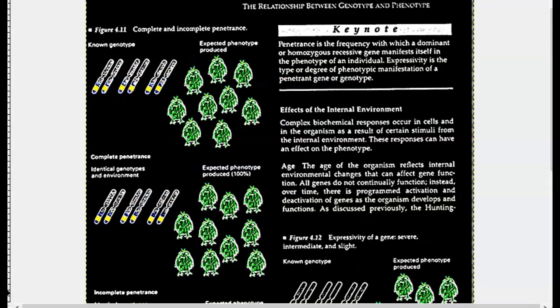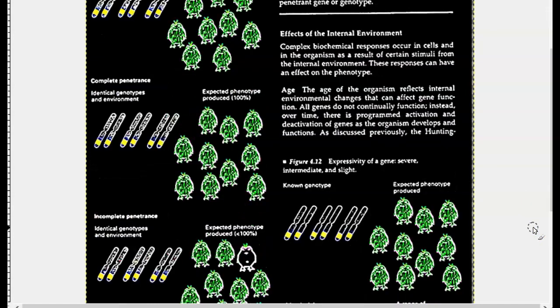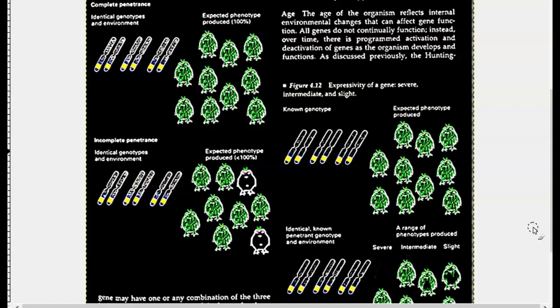So let's look at this example. So we have these hairy guys, and they all have the exact same genotype. And so we're going to be expecting them to all look exactly the same. So that's what we're expecting. 100% looking exactly the same. They have the same environment and the same genotype.